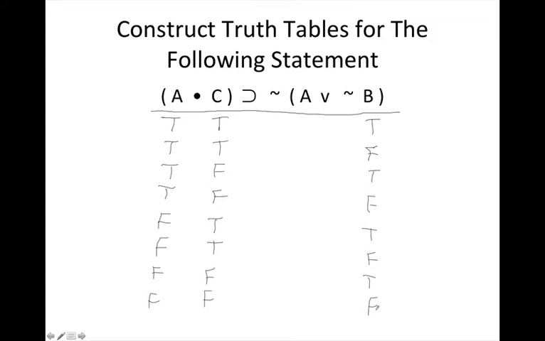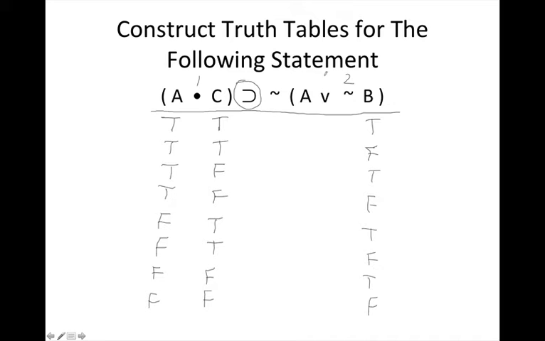Okay, did you identify the main connective as the main operator as horseshoe? I hope so. If we go left to right, we're going to determine dot first. Then we need to determine tilde because it covers only B. So it is the most sub of the sub operators.